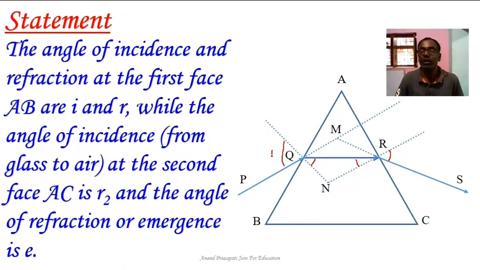So this is i, suppose this is r1, suppose this is r2, and suppose this is e.